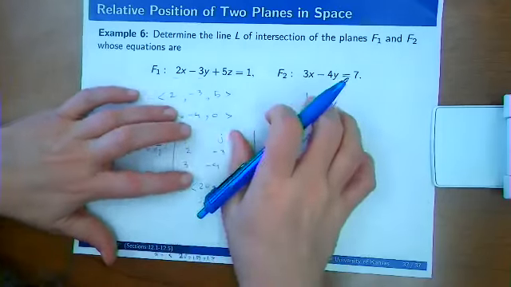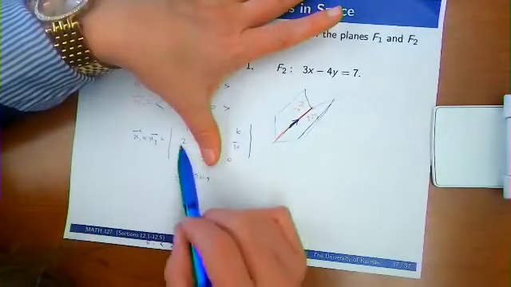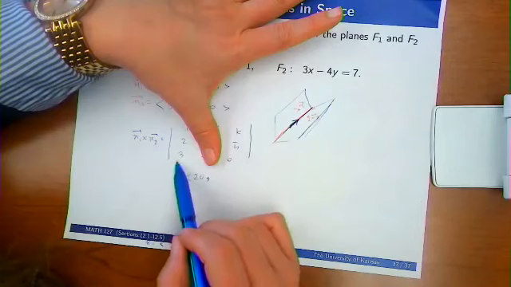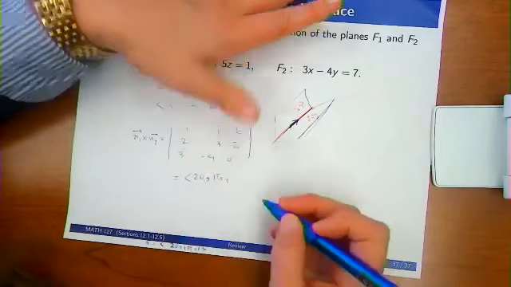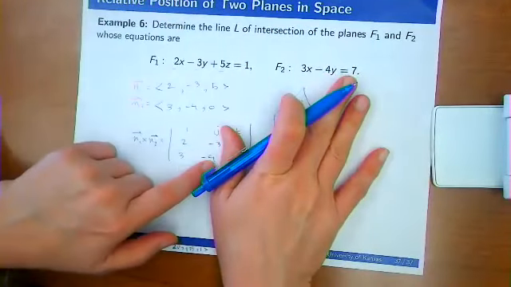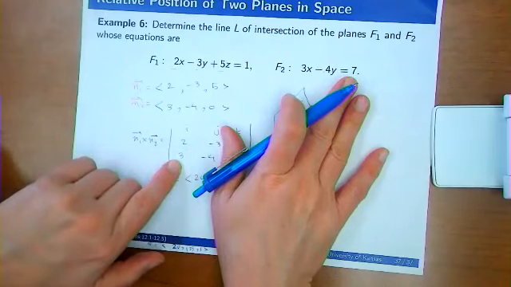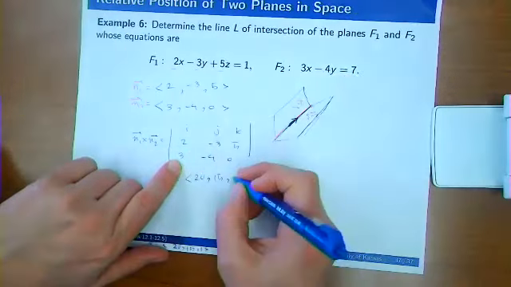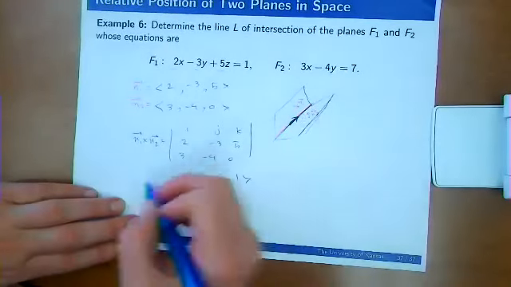Then for J, I cover here, and I get minus 0 minus 15, so it's positive 15. Then for K, I'm covering here, and minus 8, minus 9, which is plus 9, and that's 1. So that becomes my direction vector V.